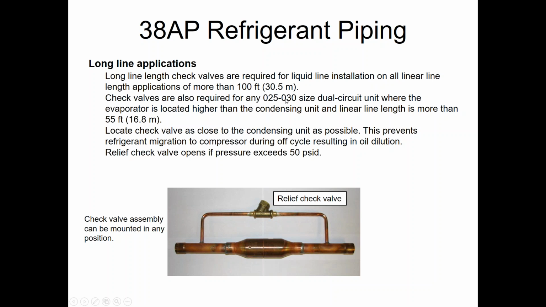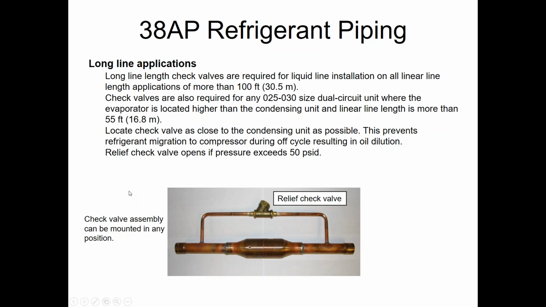If you have a little 25 to 30 ton dual circuit unit and the evaporator is located higher than the condensing unit and the liquid line length is more than 55 feet, you've got to have one of these valves. You want to install these as close to the condensing unit as possible. As soon as that liquid line leaves the stub on the condensing unit, as soon as you can get this in here, the better off.